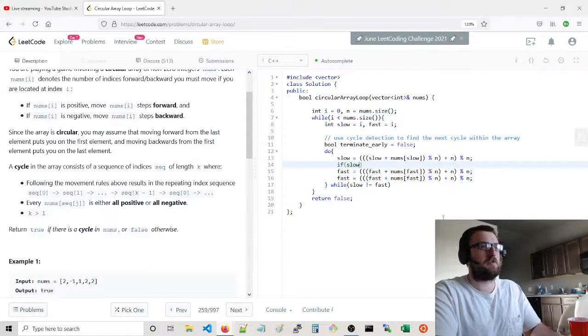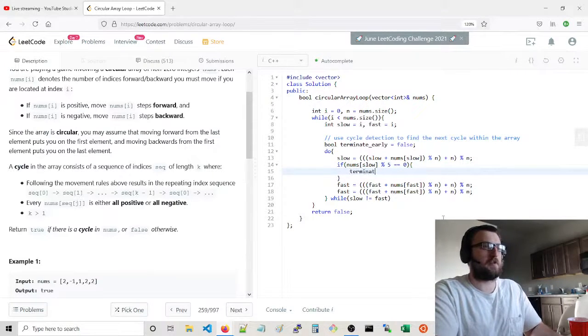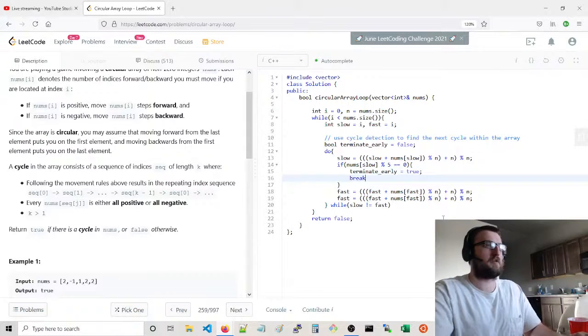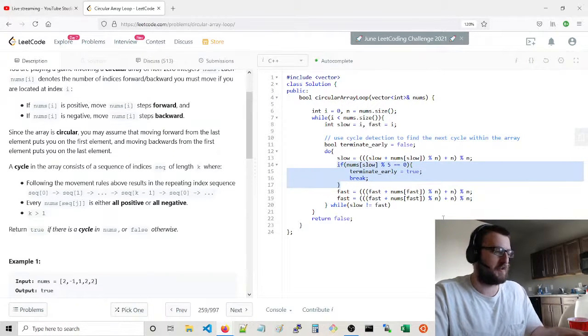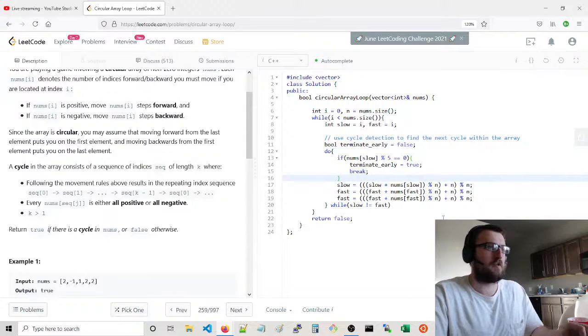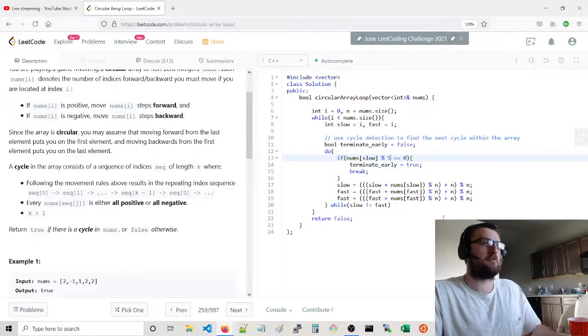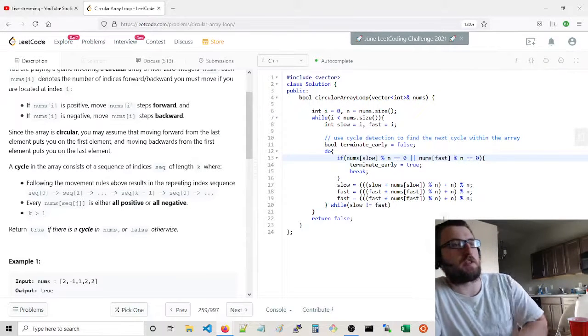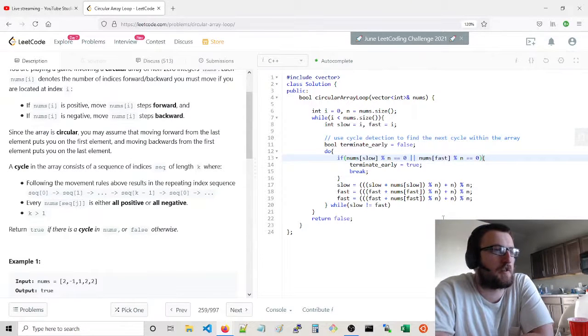If nums of slow modulo 5 equals 0, terminate early equals true, and break. And we do that pretty much at every point. If either of these are 0, not modulo 5, it's modulo n. So this is kind of a tricky thing too. Not necessarily clear when you do this, where you do this, why you do this.